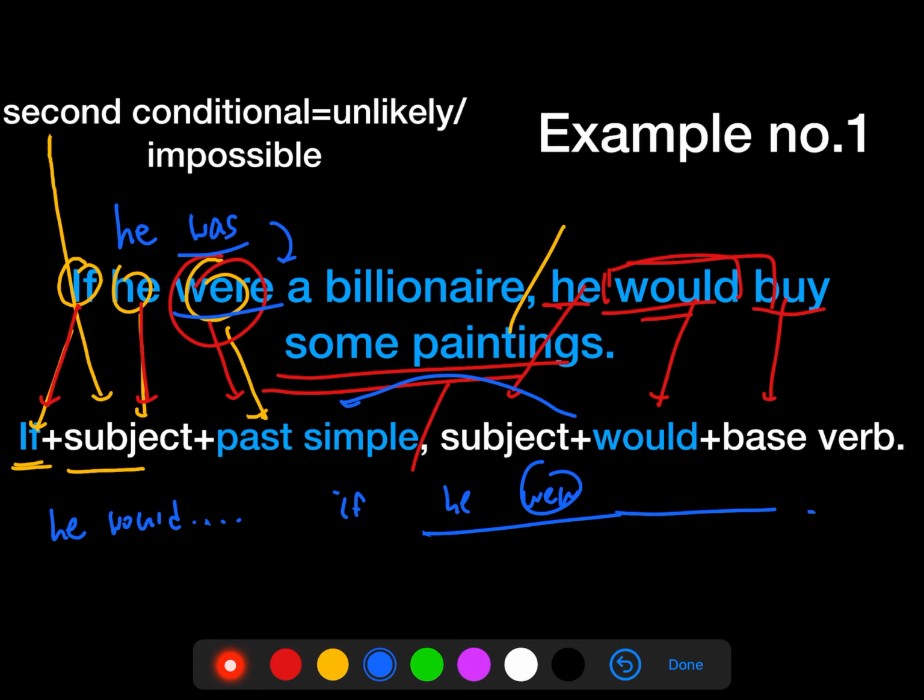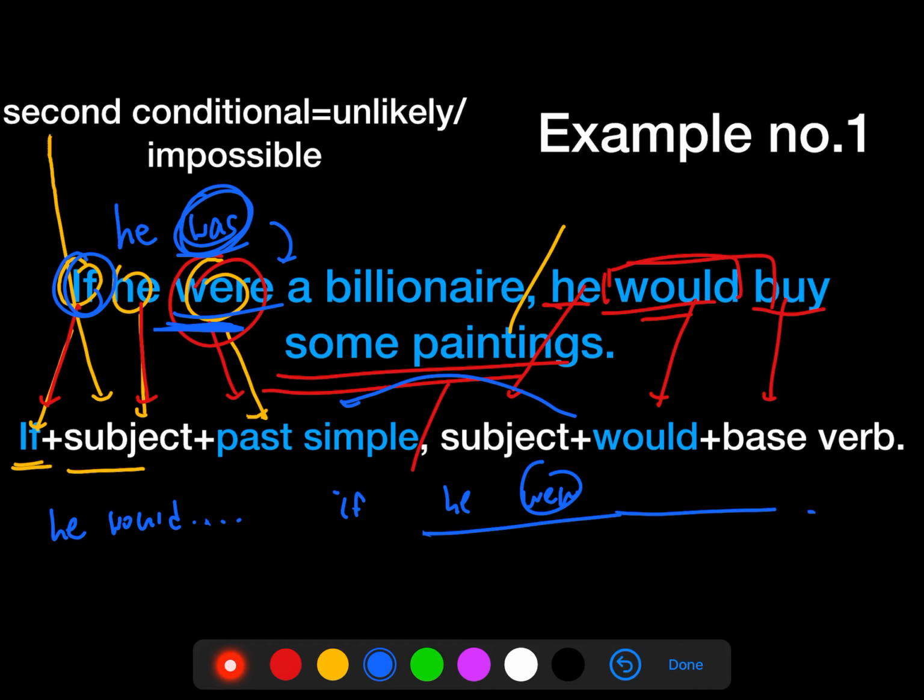No. Actually, when if is followed by the verb be, it is grammatically correct to say if he were, but we also commonly use he was. So you can say if he was and if he were. So don't worry about it. Just go with the flow.